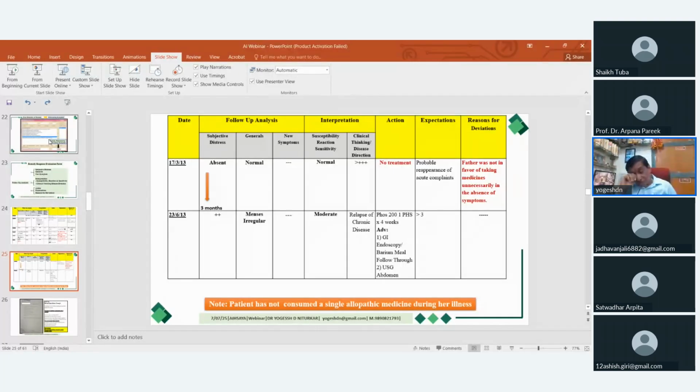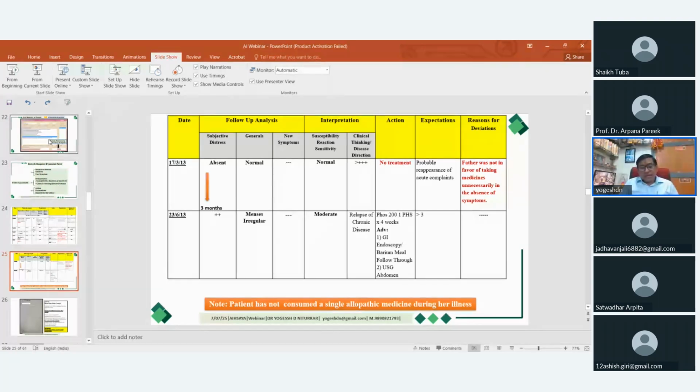Once the patient feels better, they are reluctant to continue with the treatment. So again, after a gap of 3 months, there was mild subjective distress. Okay. Menses were irregular. Now this is the thing that came up at the general level.